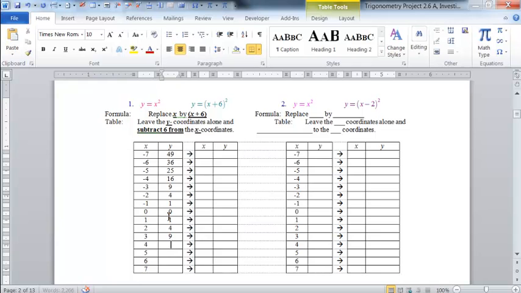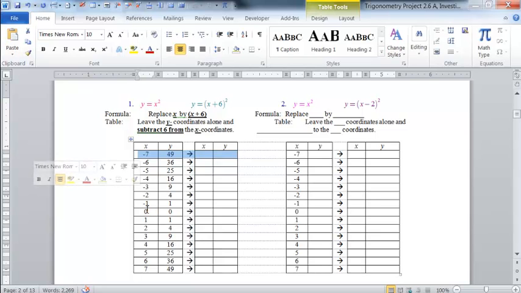Okay, I believe I have those in there correctly. Now when we do this, we want to set these up. I have a table here that's going to work for this second equation. Now I don't want just any table. I want a table that works for this equation, but also one that's lined up, so that right here I have the image point of that pre-image of negative 7, 49.